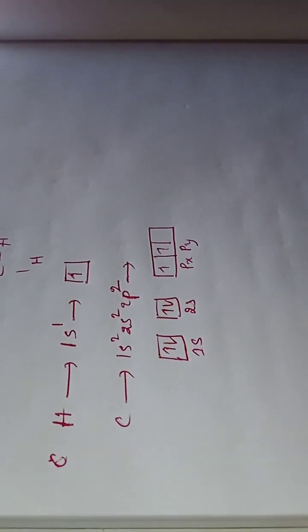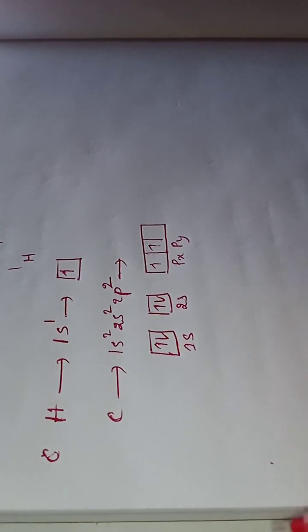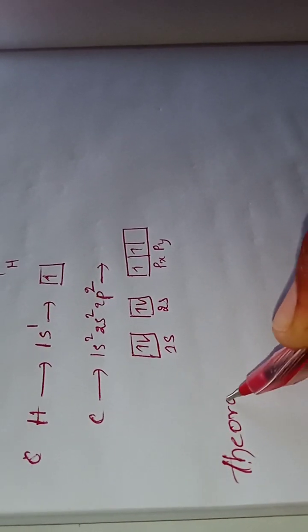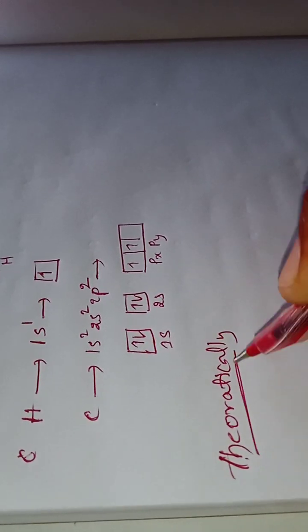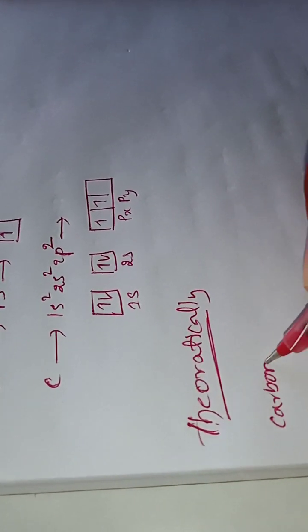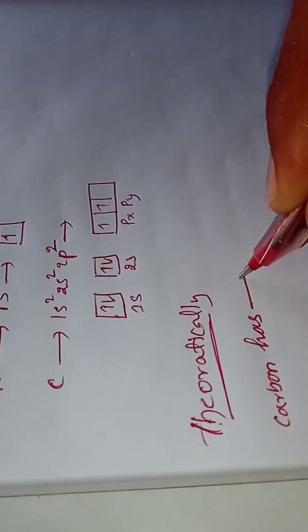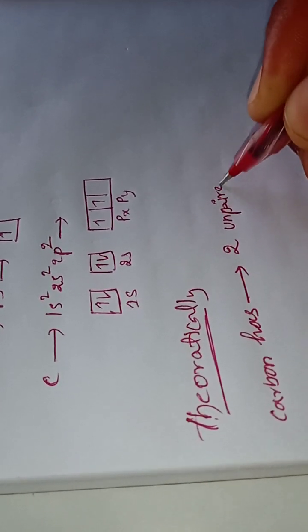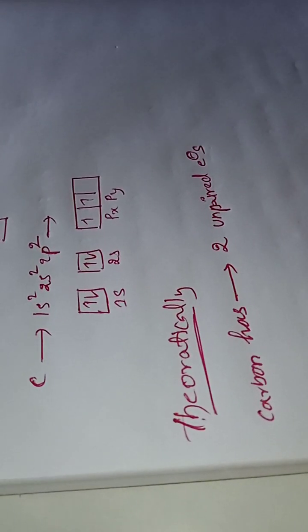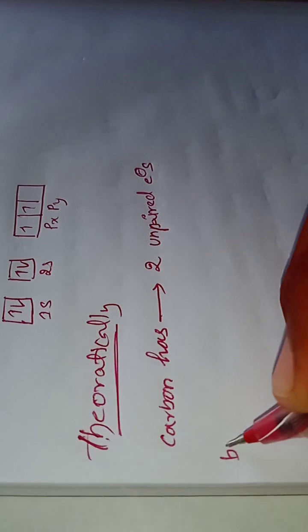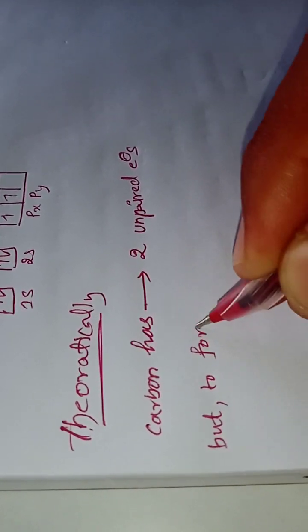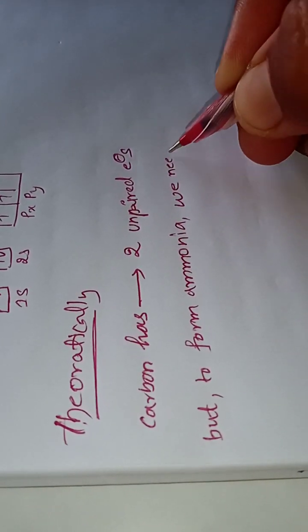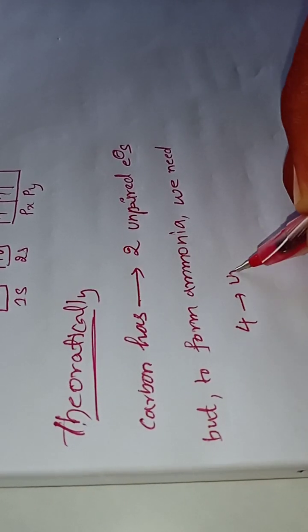Now, theoretically, carbon has 2 unpaired electrons, but to form CH4 we need 4 unpaired electrons.